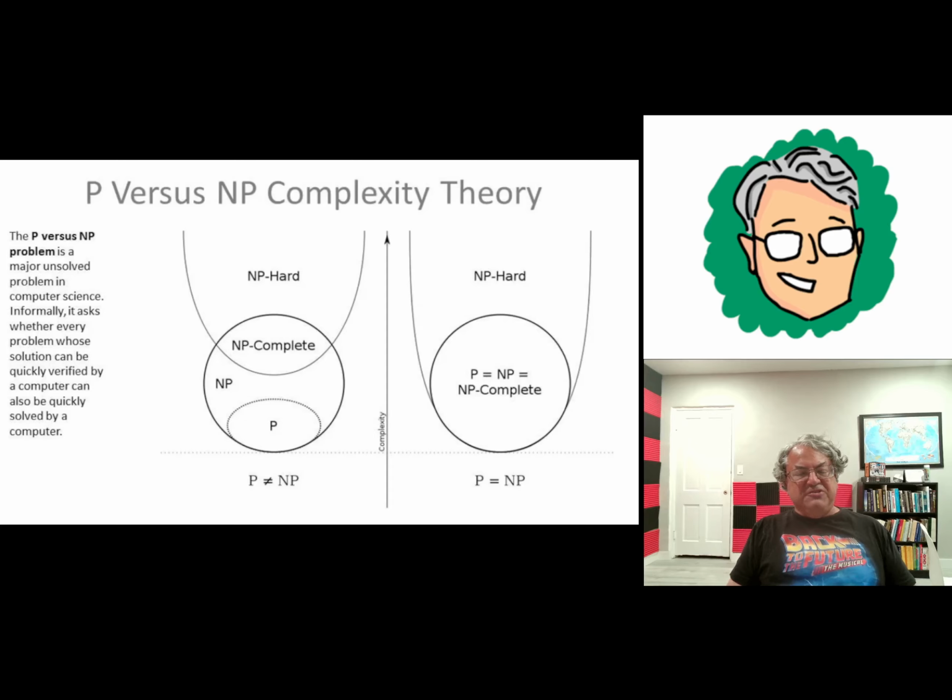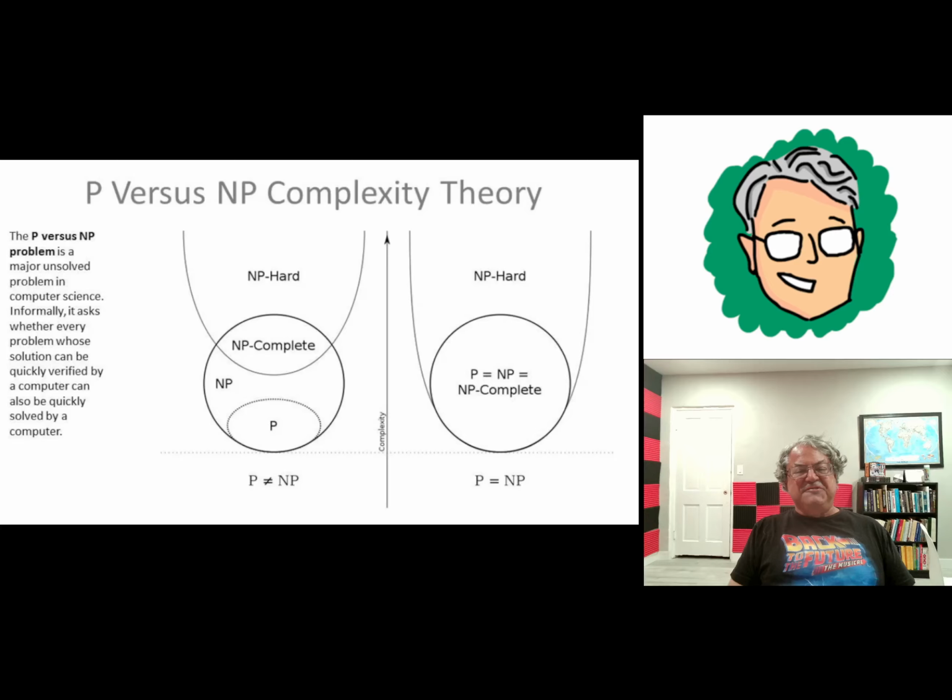But with classical computers, if it turned out that P was equal to NP and somebody figured out how to solve every NP problem in polynomial time, that would be very bad news for cryptography. That would basically mean that there's no secure crypto system and there's no way to keep your private information secure over the web unless we switch to quantum computers. So just a little heads up on that.